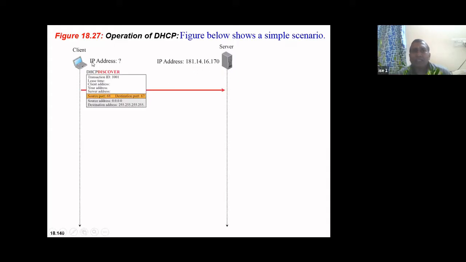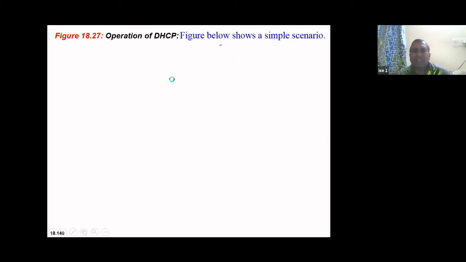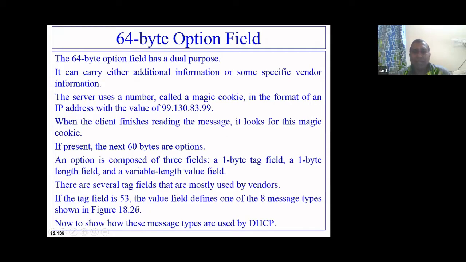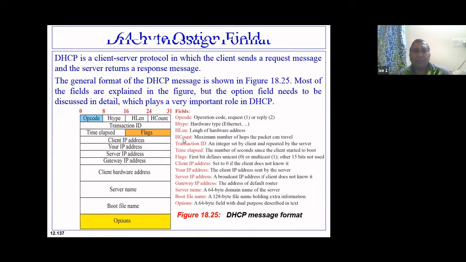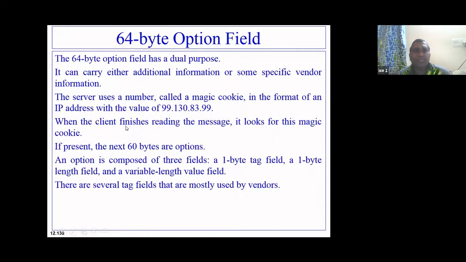Now what happens here? You can see this client is sending a DHCP packet. So it will have this packet format we have just seen. This is the DHCP packet. So that packet only is being shown in this particular diagram. Right?